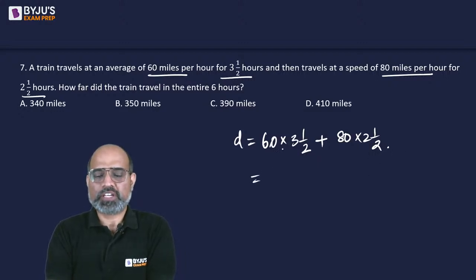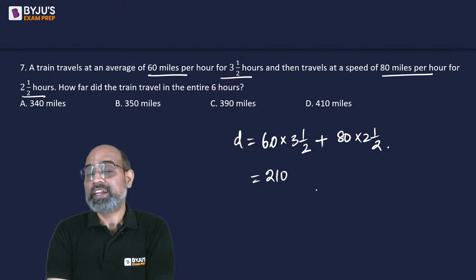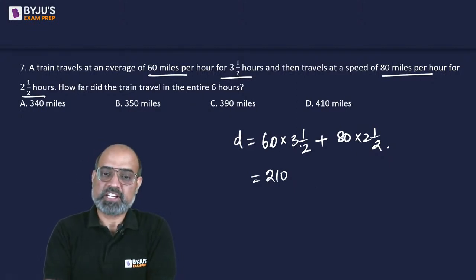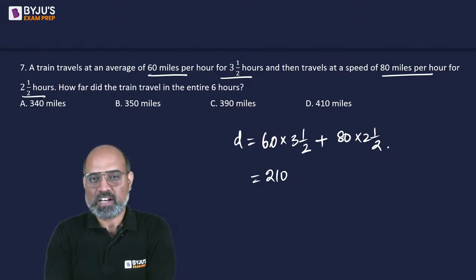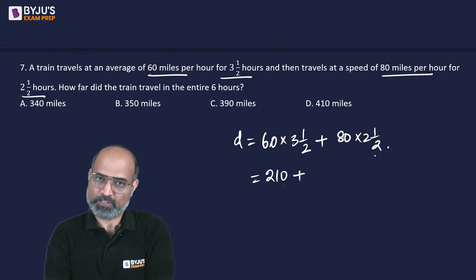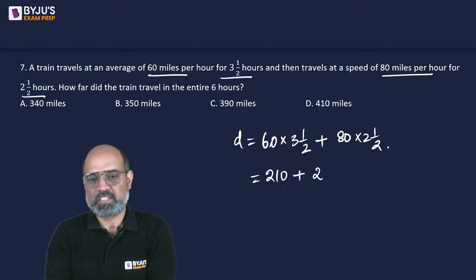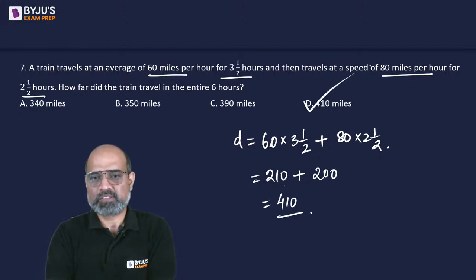So this is going to give us 210 miles. 60 into 3 is 180 and 60 ka half is 30, 180 plus 30 is 210. Then 80 into 2.5, 80 ka double is 160 and then we have half of 80 which is 40. So 160 plus 40 is 200. So this is going to give us 410 miles.